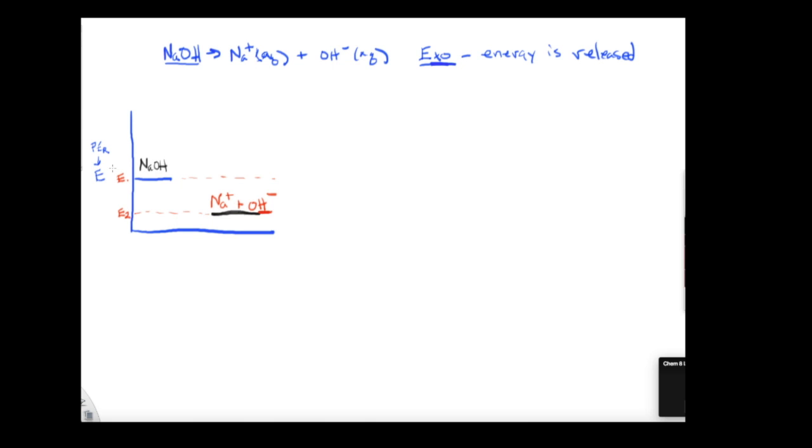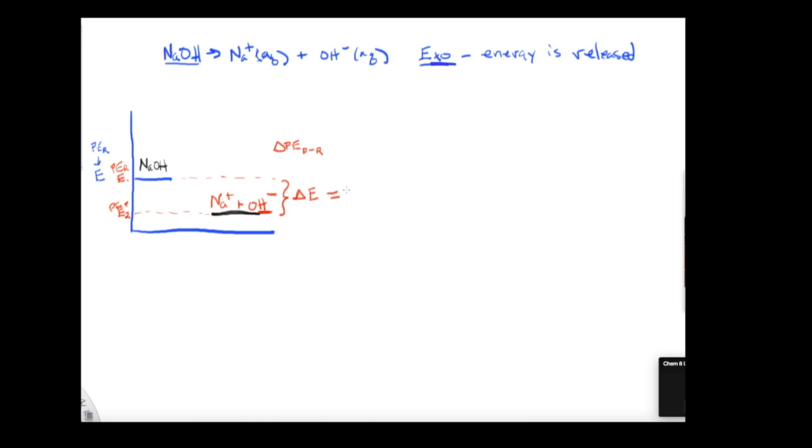Or you can call this PE_R, and this PE_products. All of this means exactly the same thing. If you take a difference here, we're going to call this delta E, or it could be delta PE, from the difference of the products minus the reactants.